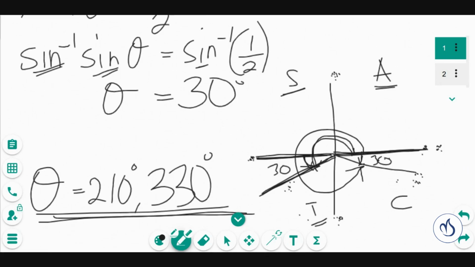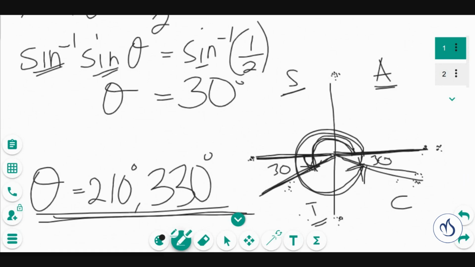Now, after that, the final answer should be measured from the positive x-axis anti-clockwise, to the line you have drawn. My 30 was here, so I measure from the positive x-axis to that. And my other line is here, so I measure from the positive x-axis all along up to here.